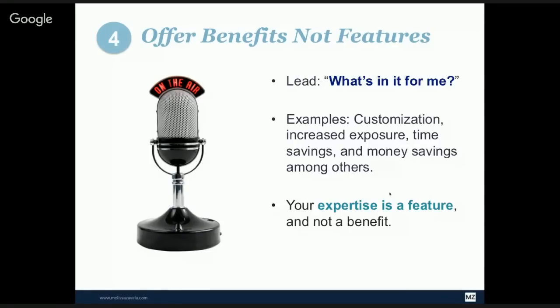Someone that wants to list with you wants to see how what you do for them is customized and exclusive to them, how it will provide increased exposure, how working with you will save them time, whether it's on the buyer side or the seller side, and of course the money savings is huge. Those are the things you want to be focusing on.